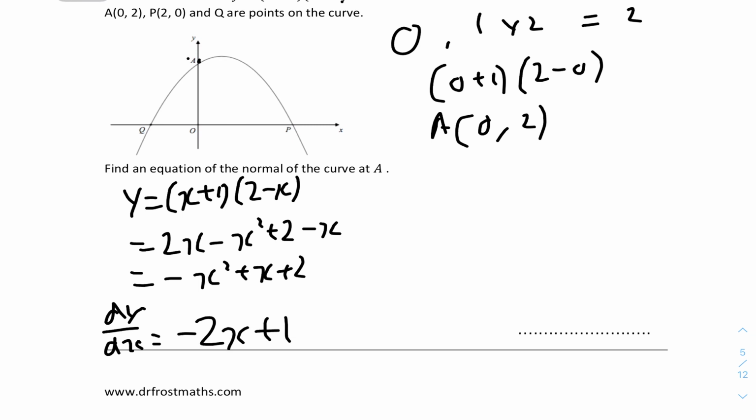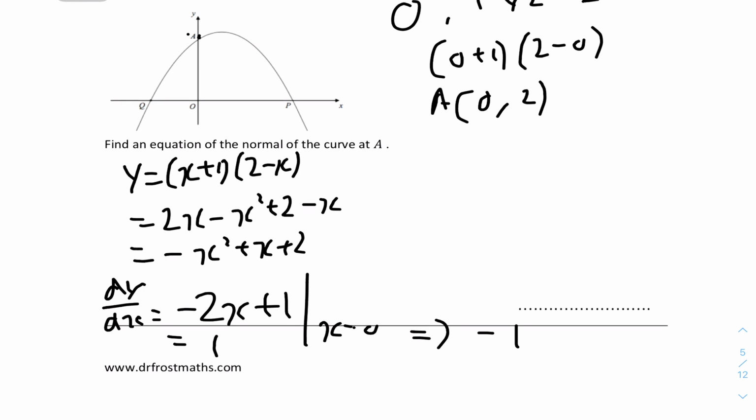When we put in the x value, we will find the gradient of the tangent, then take the negative reciprocal to find the normal. So when x equals 0, it is just 1. That means the gradient of the tangent to the curve at A is 1. To become the normal gradient, you take the negative reciprocal, which is minus 1.